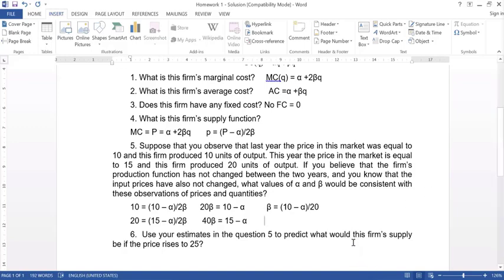We replace beta by this value: 40 times 10 minus alpha, divided by 20, equal 15 minus alpha.